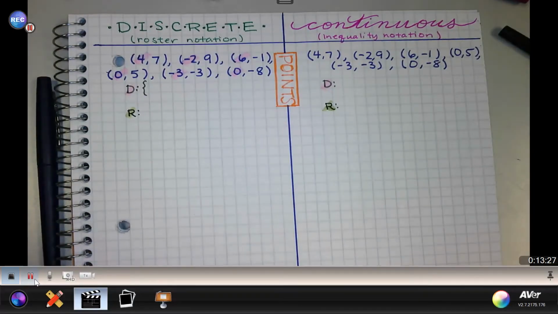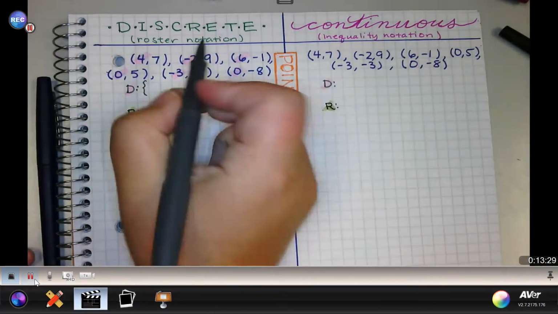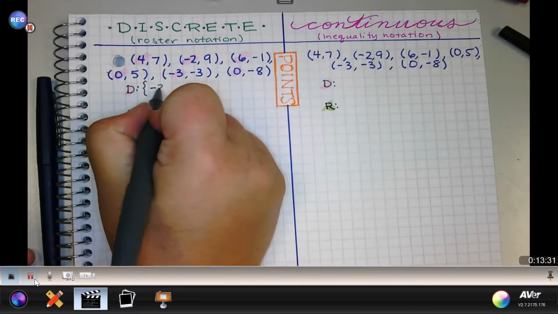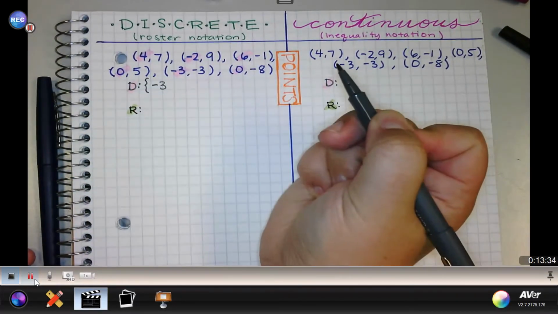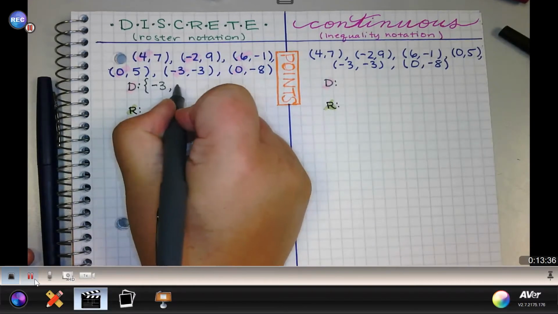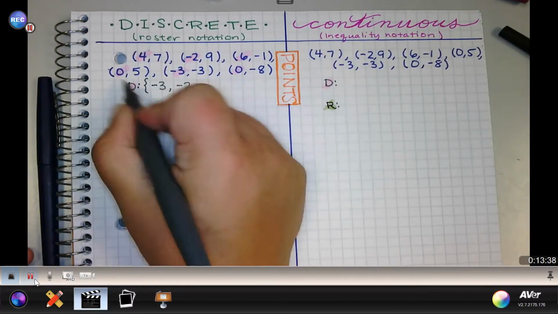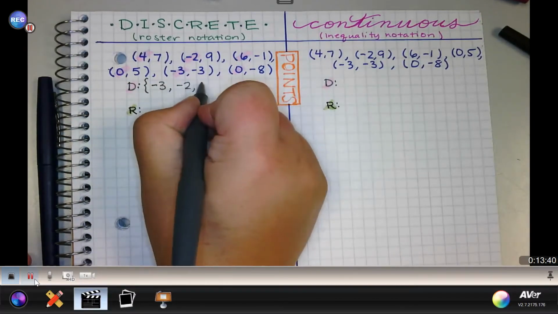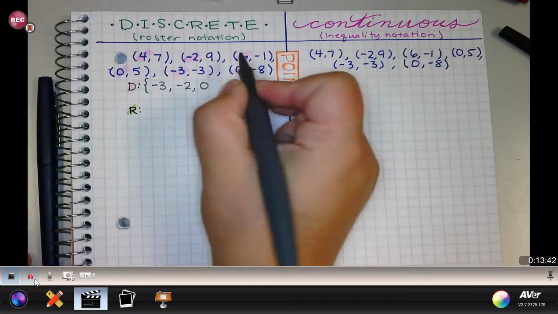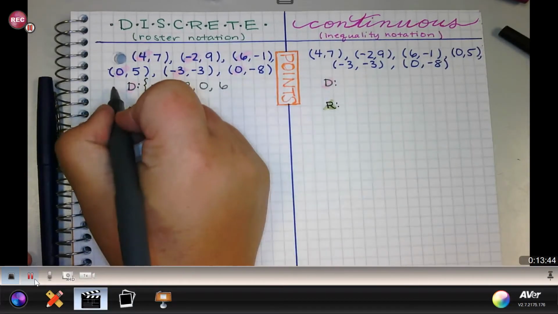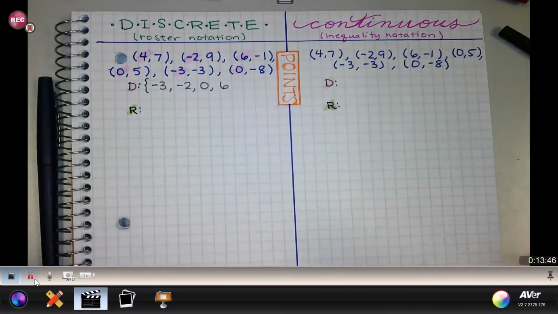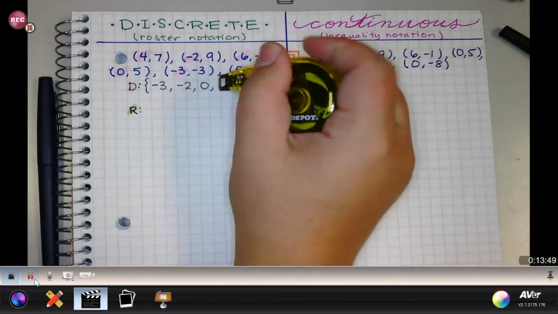So after looking around, it looks like my lowest is -3. And if you want to do like a little check mark on it, you can. Then I have -2. And then notice I have 0 twice. I'm only going to write it once. And then 6, and oops, Miss Azor. Wrong. 4 and then 6.